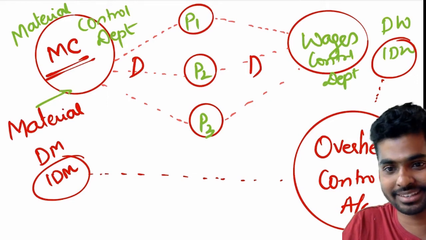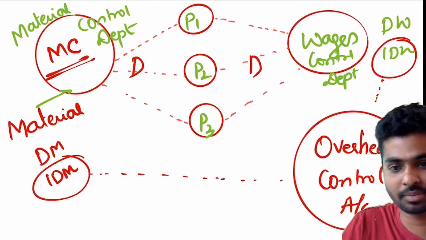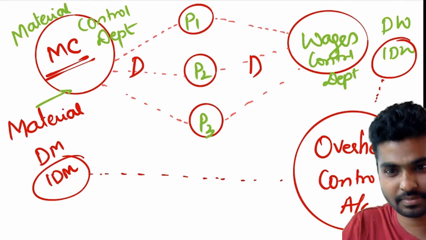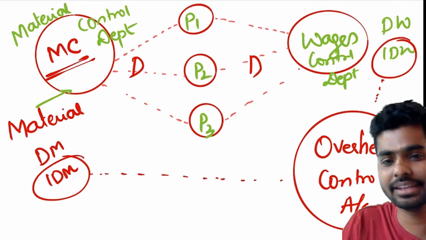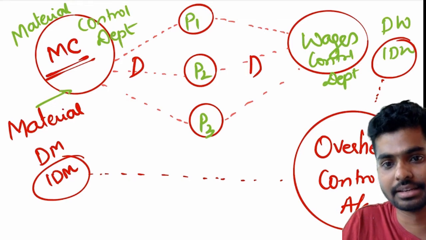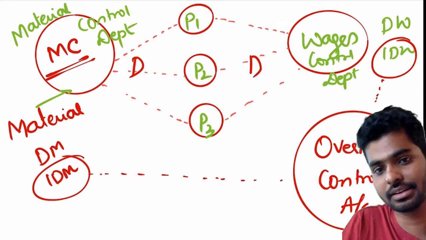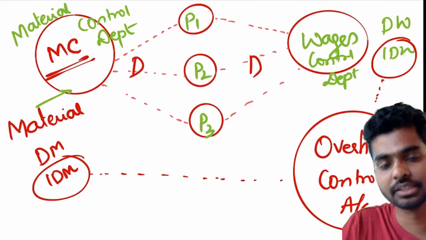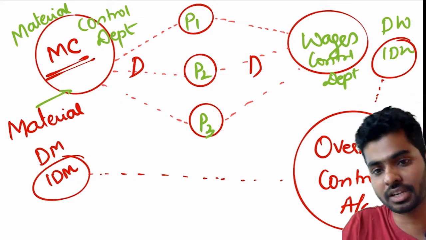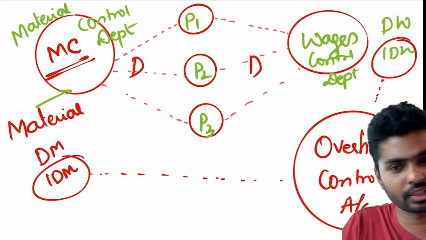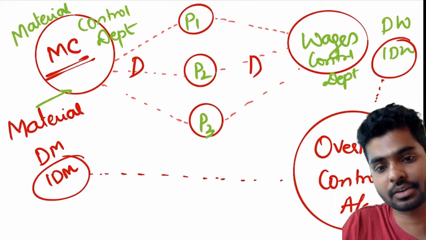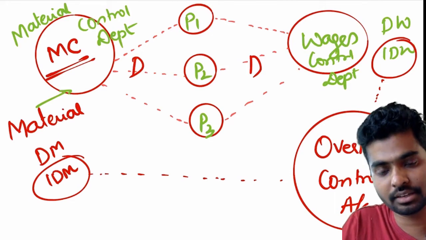All the raw materials I received are going to be collected in which department? Material control department. Second, anything to do with my labor, whether direct or indirect, shall be received by the wage control department. Whether direct or indirect, I'm again trying to clarify it. Once both are done, I'm doing my next step.